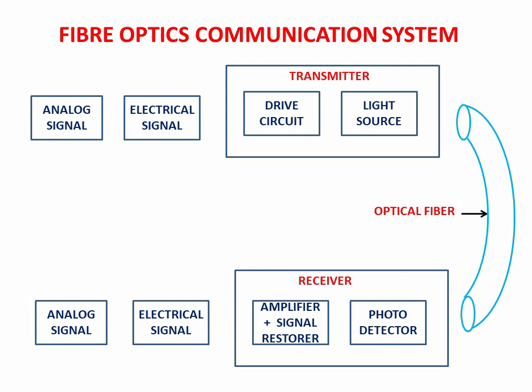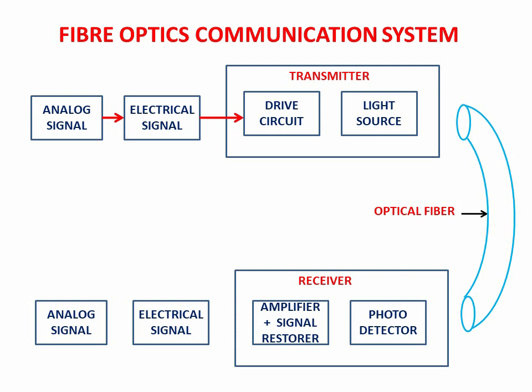Now we are going to see how it is working. The information signal source may be audio or video. The signal is in the form of analog signal which is to be transmitted through the optical fiber. The analog signal should be converted into electrical signal. The electrical signal is further driven to the drive circuit in the transmitter portion.